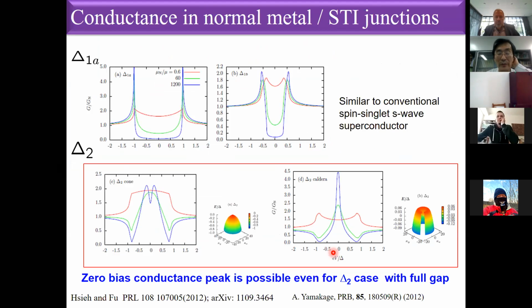If we look at delta 1, with the increase of Fermi surface mismatch, the charge conductance approaches like that. In some sense, it's similar to standard spin singlet S-wave pairing. On the other hand, the delta 2 case is very different.